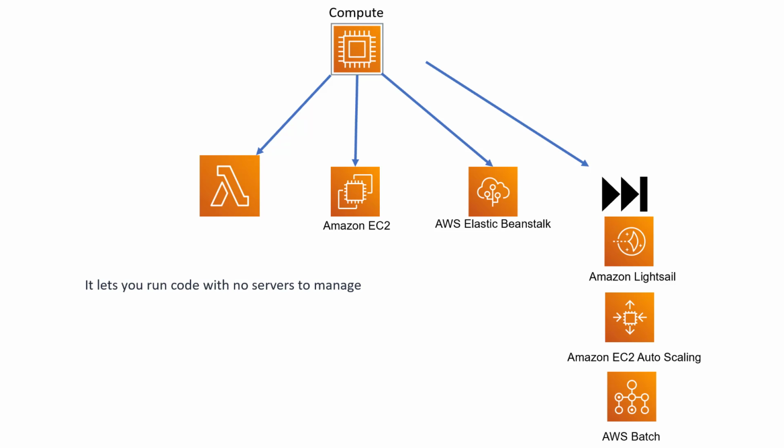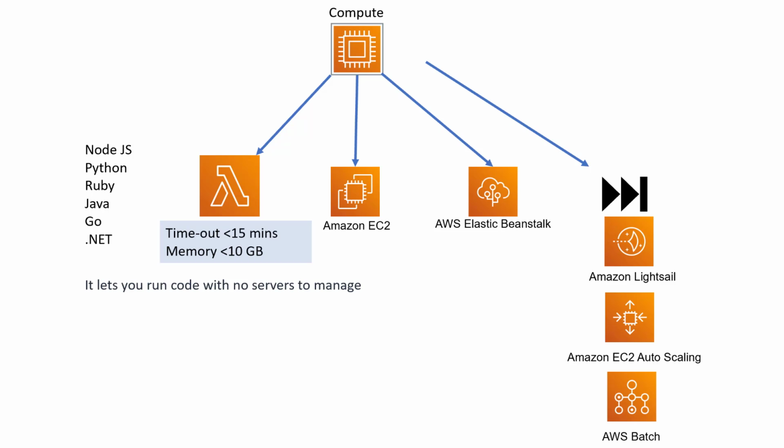At a very high level, it lets you run code without having the need to manage any servers underneath. You have the option of running the following runtimes: Node, Python, Ruby, Java, Go, and .NET. You can also run custom runtimes, so it's not limited to these, but these are the ones currently available.